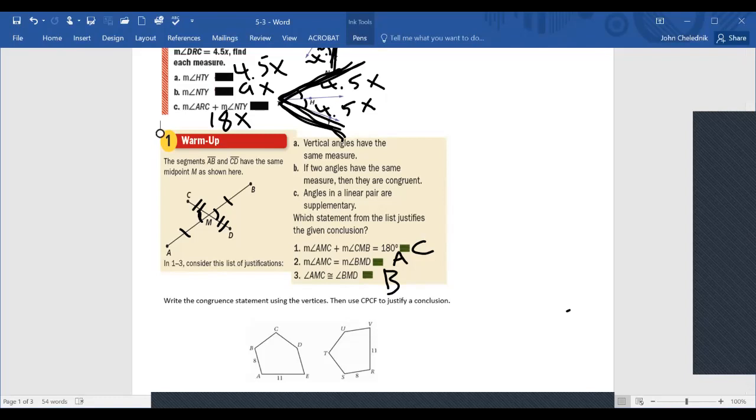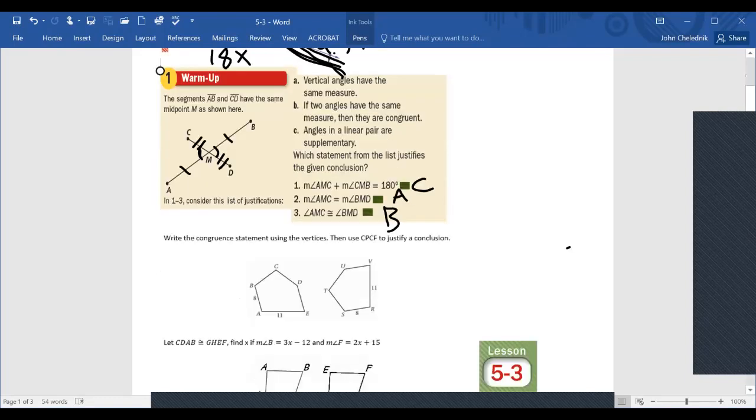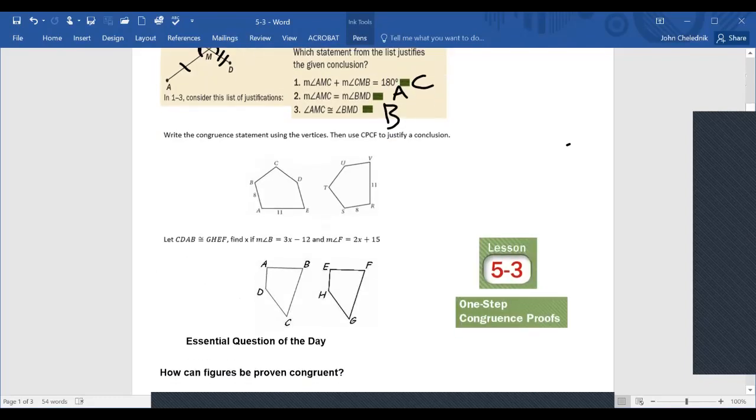All right, next, it says, write the congruence statement using the vertices, then use CPCTC to justify a conclusion. Just one. I can handle that.